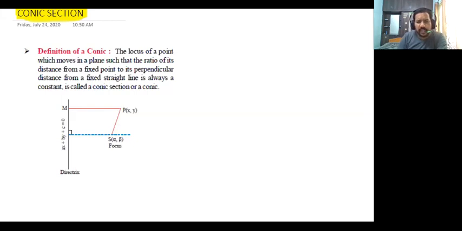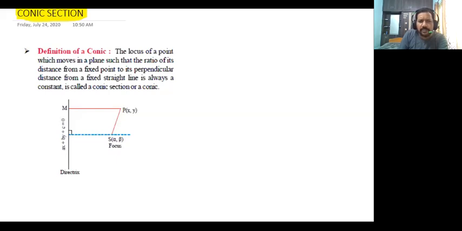This is a fixed straight line, and alpha comma beta is the fixed point. P is the locus of a point which moves in a plane such that the ratio of its distance from a fixed point, that means SP distance, to its perpendicular distance from a fixed straight line, PM, is called here perpendicular distance from P to the line. Now the ratio of both the distances is equal to a constant.